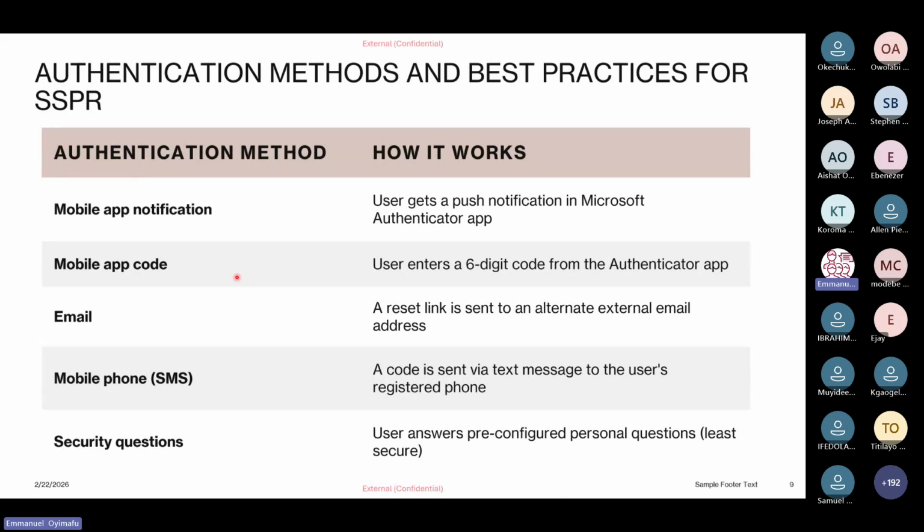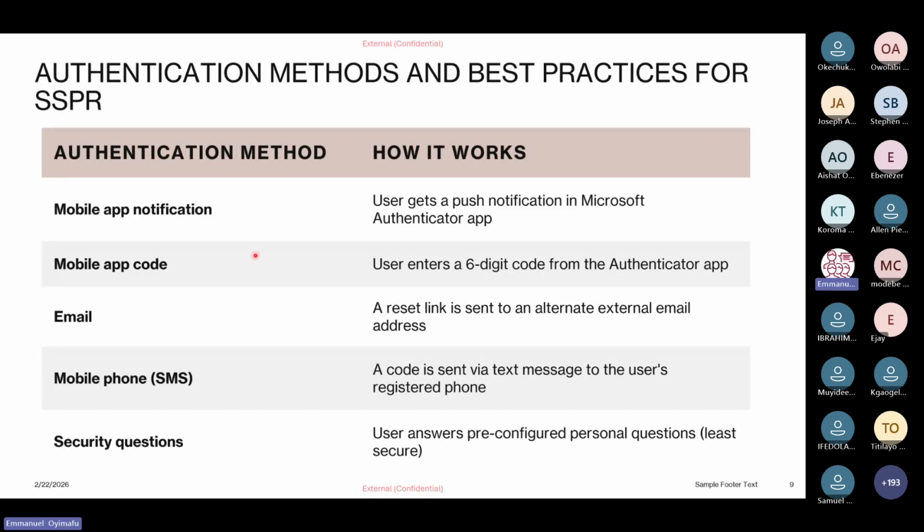But with authentication methods configured with self-service password reset, if somebody wants to reset their password, there will be some verification to confirm that that person is who they say they are, or is the right person trying to reset the password. Let me give this scenario. Say for my Gmail account, I intentionally forgot the password. If I click on forgotten password, Gmail will ask me, do you know this phone number?